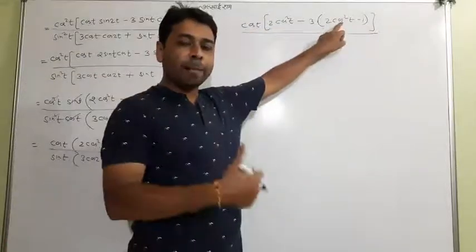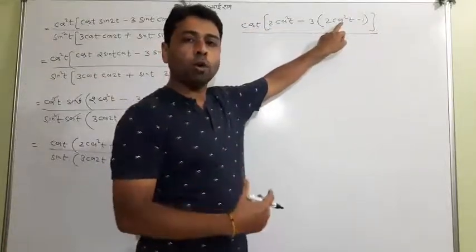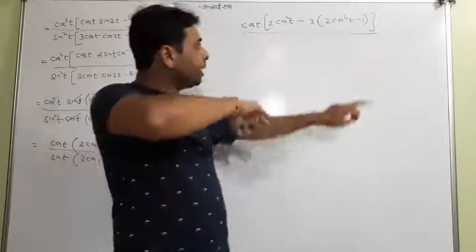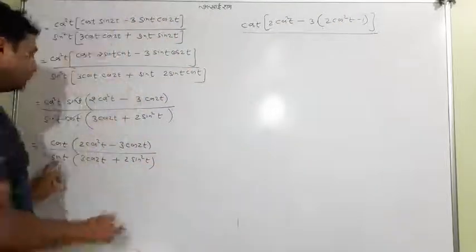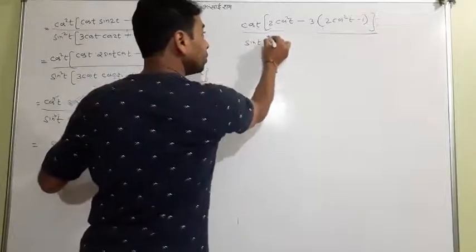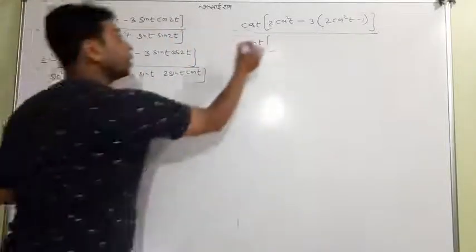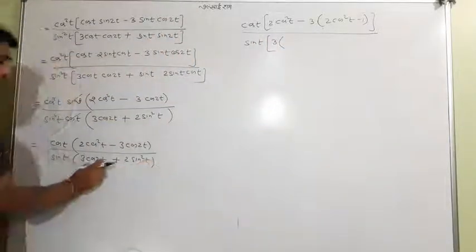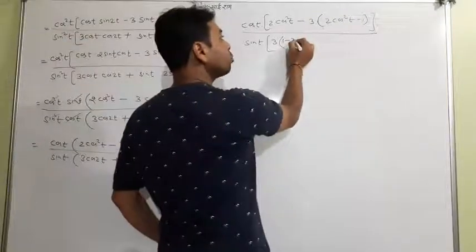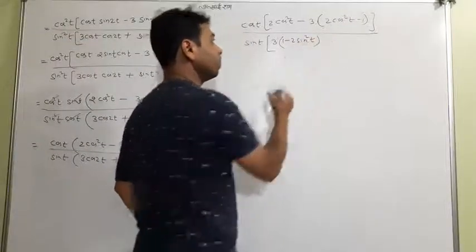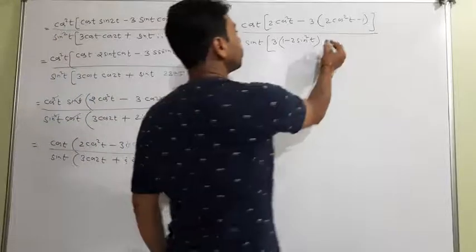Intentionally I kept the formula in cos because I want all the terms of cos in the upside. In the downside I want sin terms. So sin t, this is 3 and cos 2t has a formula in sin, 1 minus 2 sin square t, and this is already 2 sin square t.